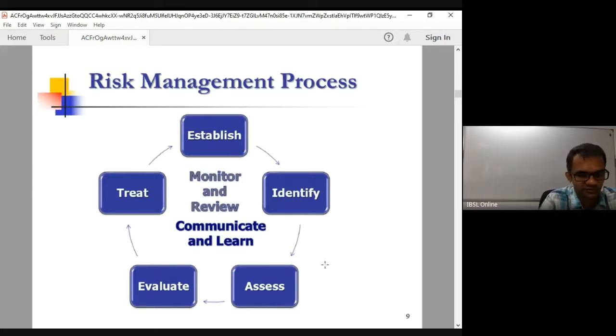So first we identify what the risk is. Okay, the building, the risk is having a fire in this building. That's the risk. What are the actions that we can take? How do we treat that risk?